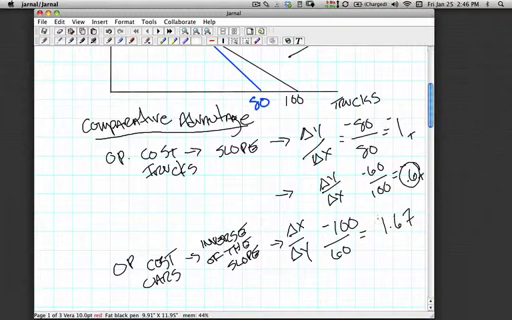And again, since we're decreasing, it's going to be a negative slope. So that's going to be the opportunity cost of cars for the United States.